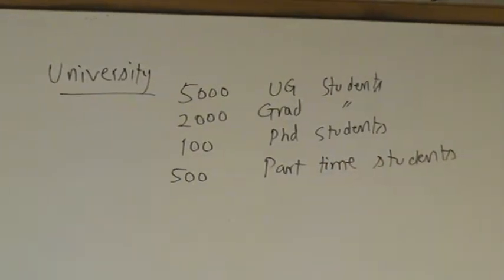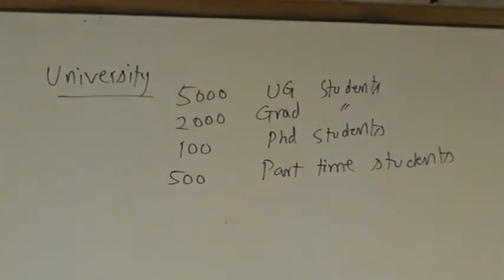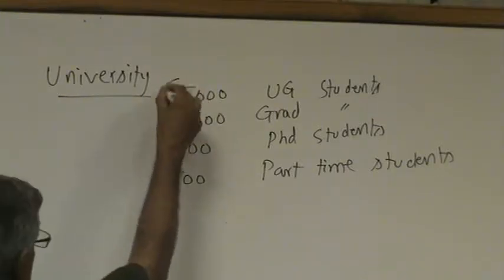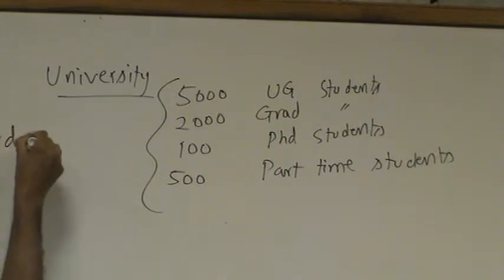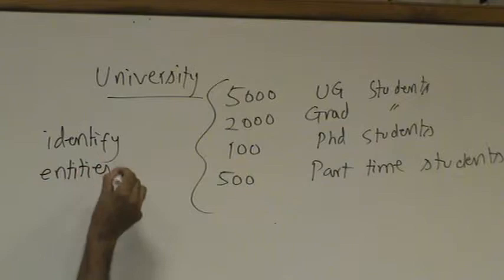So, as we discussed, anytime you have to create an application, the first question where a lot of people get stuck is, where do I start? Okay, so the starting point is always to identify the entities that exist in real life.